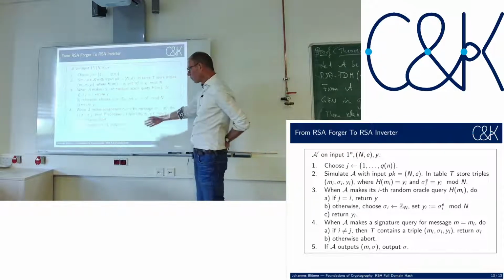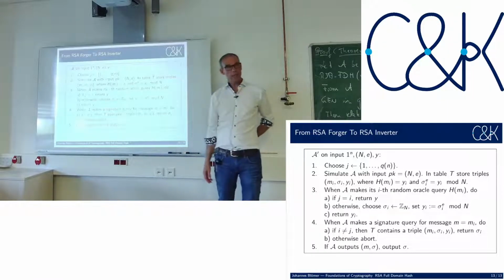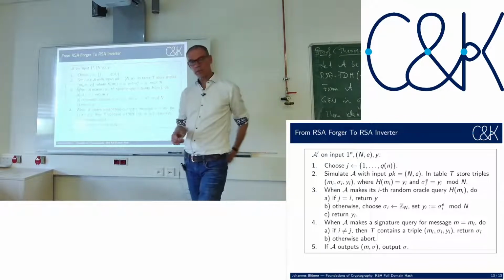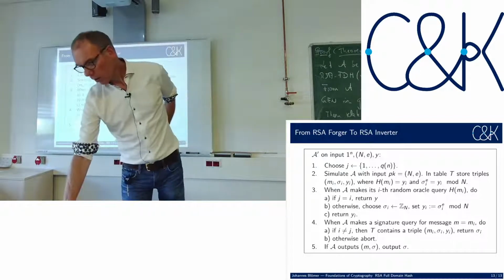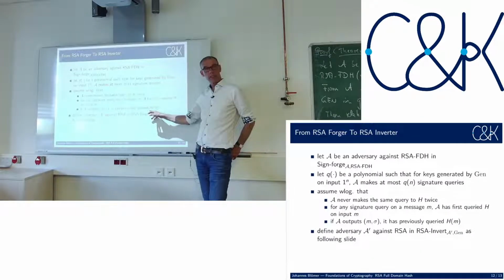And if A outputs m comma sigma, we output sigma. So what is this thing trying to do? Recall that we assume that if A outputs m comma sigma, it has queried h of m.